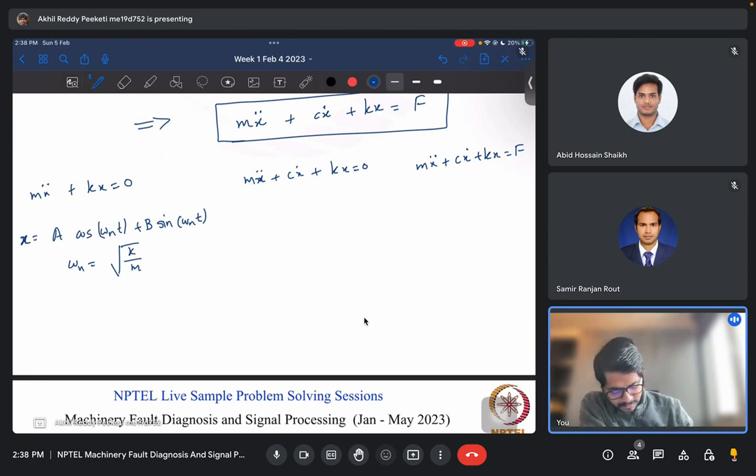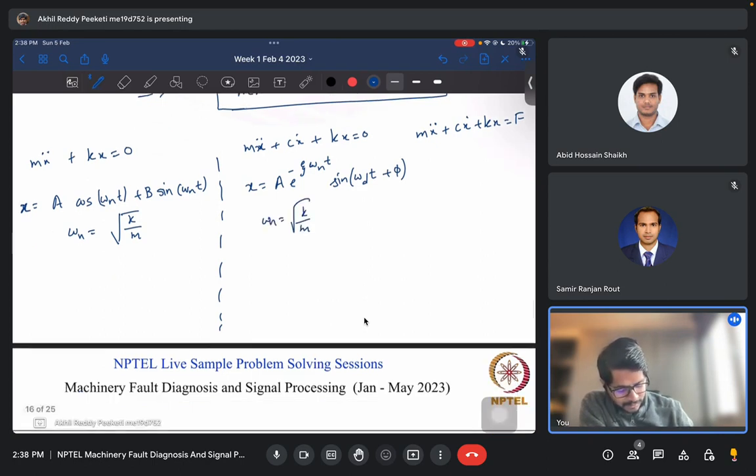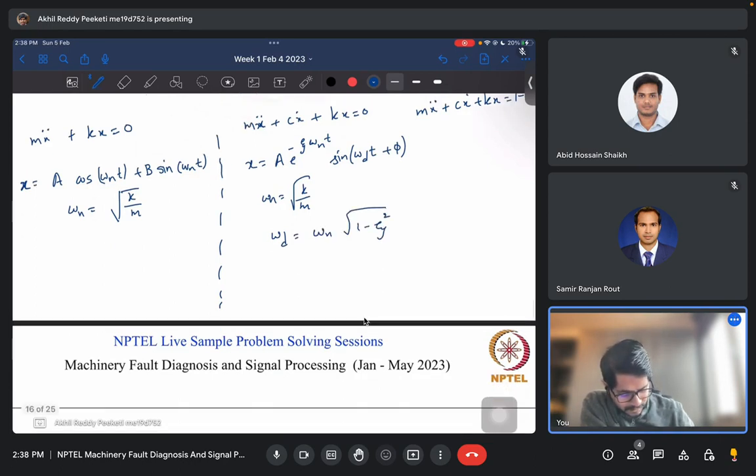Now for the damper, this general solution would look like some constant times e to the power minus zeta omega n t into sin of omega d t, where omega n is again root k by m, and omega d is omega n into root over 1 minus zeta square, and zeta would be your damping factor.